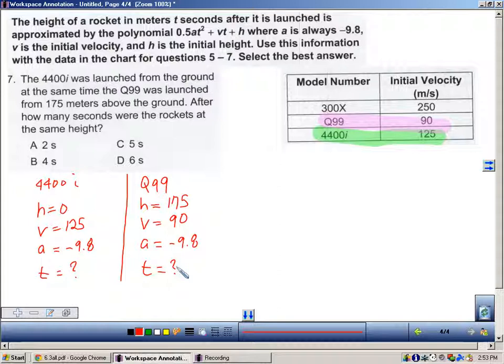So let's substitute these values into this one equation. So I have 2 separate rockets using the same equation. So we're going to have 2 equations, and we're going to set those equal to each other and solve for t, time. So let's do it. So the 4400 is going to be on the left side, and the Q99 will be on the right side.